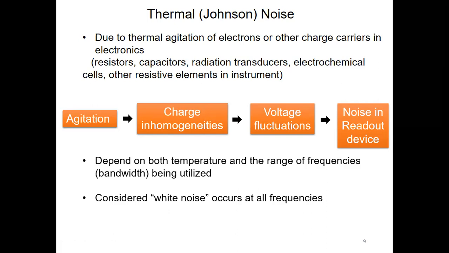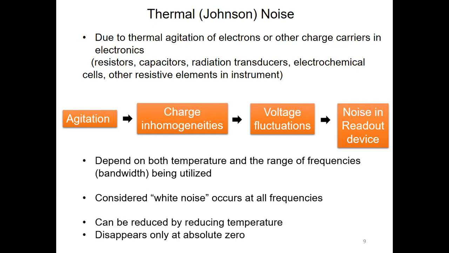Because this one is analogous to white light, we can call this thermal noise a kind of white noise because it occurs at all frequencies. It is independent of frequency, but it depends on the bandwidth, right? And since this thermal noise depends on the temperature, we can easily reduce the noise by reducing temperature.